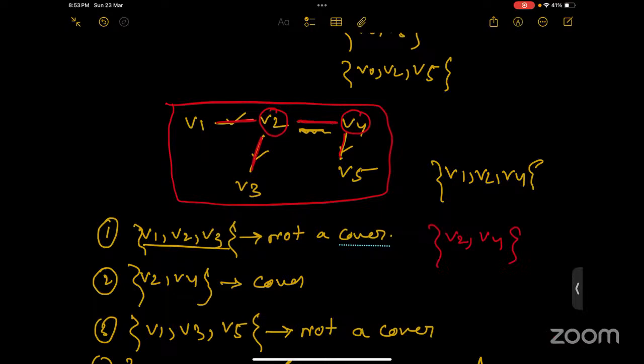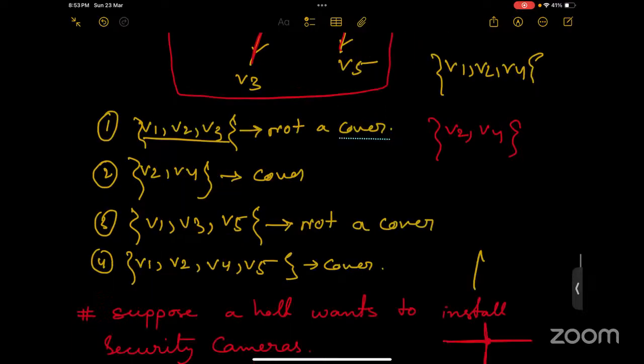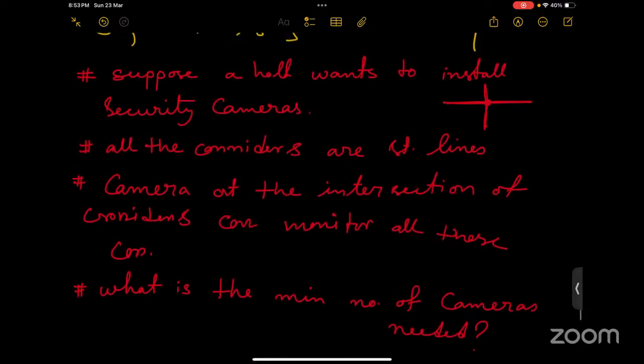Yes. So you basically need vertex covering to solve this type of thing. You have to represent the problem with respect to vertices and edges, and then consider the smallest vertex cover.